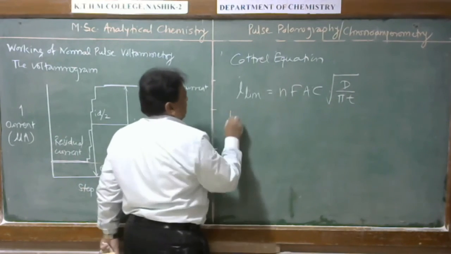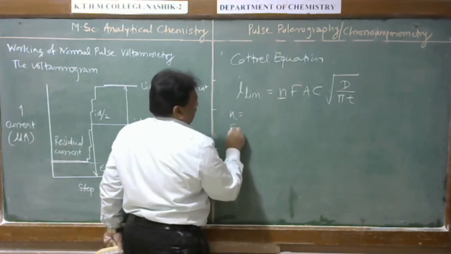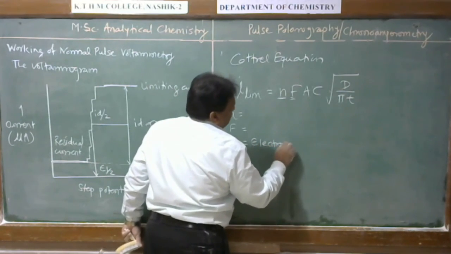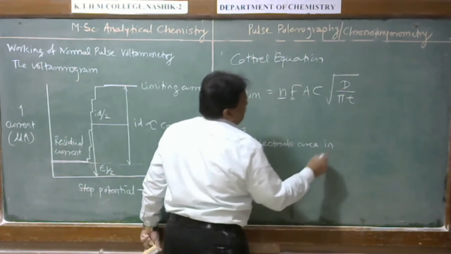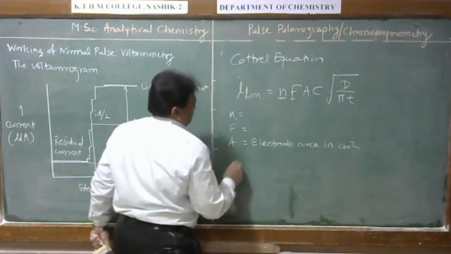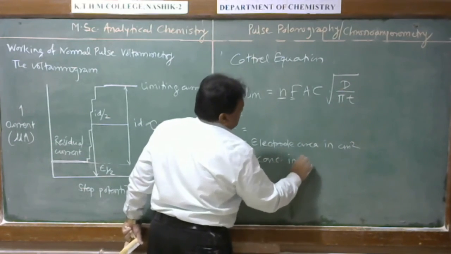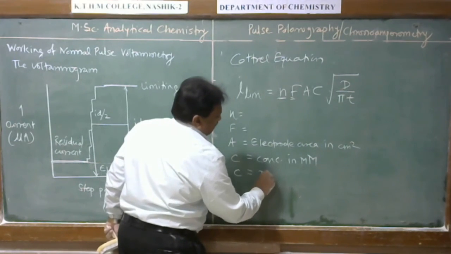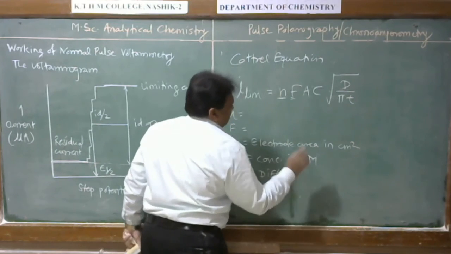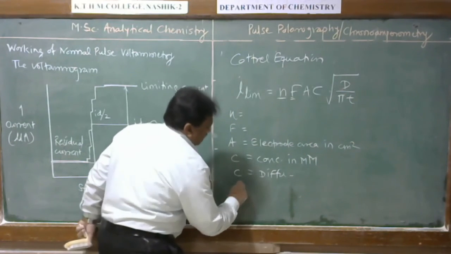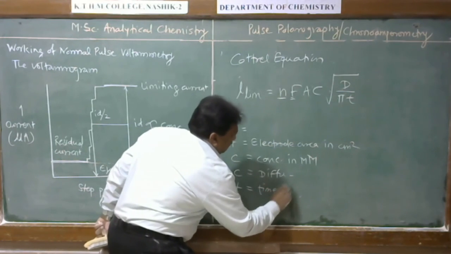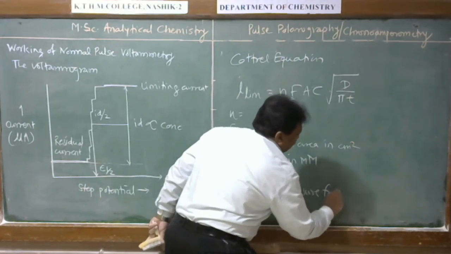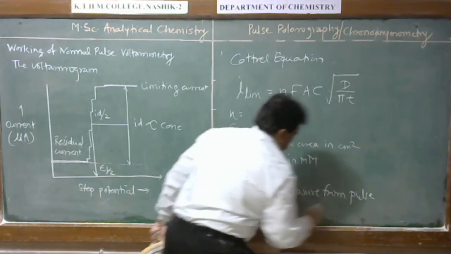In this equation, N is number of electron involved in redox reaction, F is Faraday's constant, A is electrode area in square centimeter, C is concentration in millimoles, that is an analyte concentration, D is again diffusion coefficient, measured in square centimeter per second, pi is constant, and T is a time measure from the pulse applied.